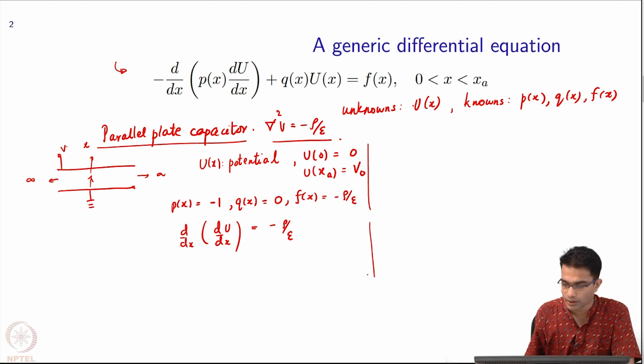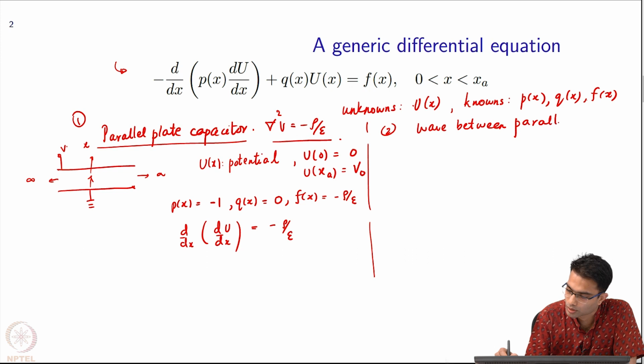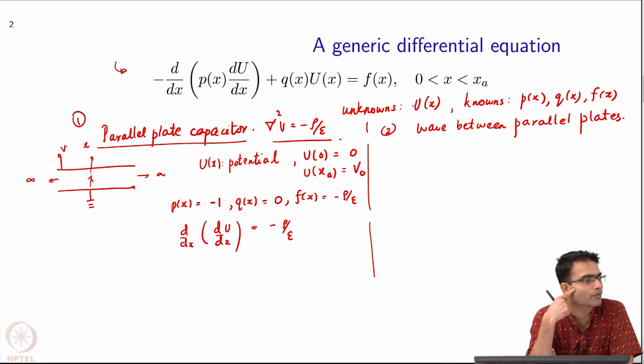Then the second problem I will take. One was parallel plate, the other is a wave between parallel plates. The equation for this you have already studied, it is the Helmholtz equation, right.